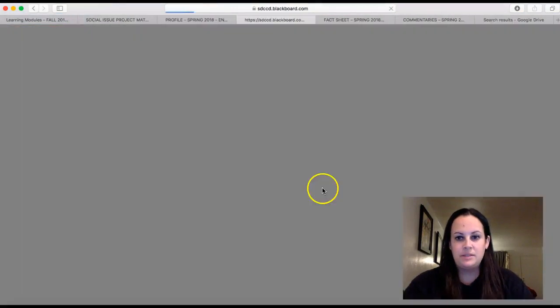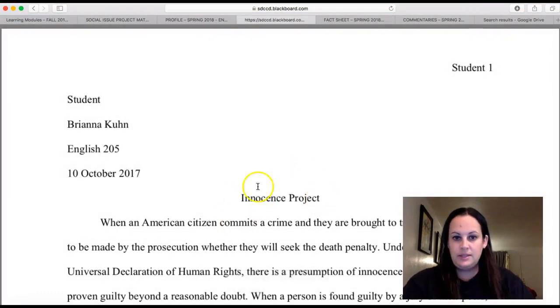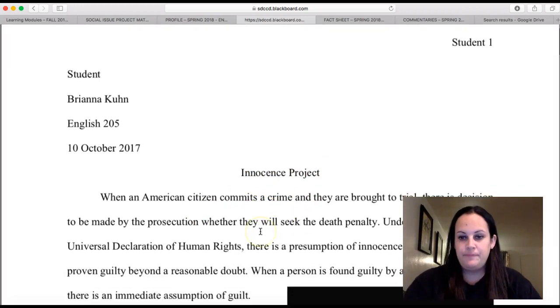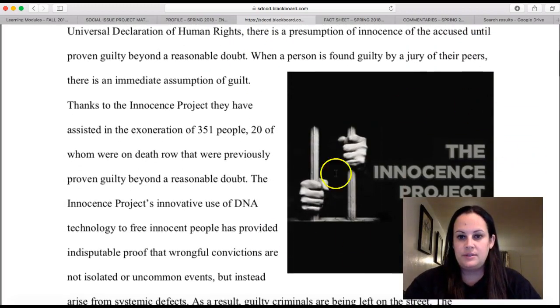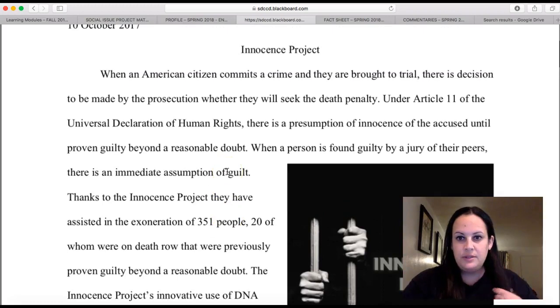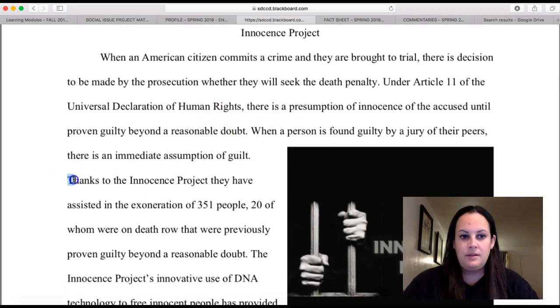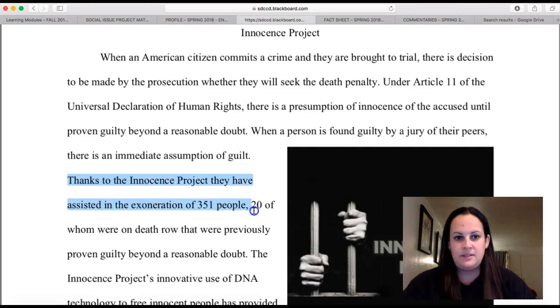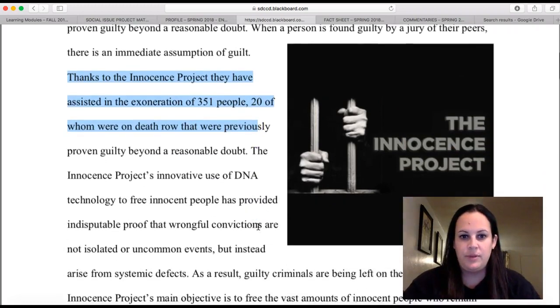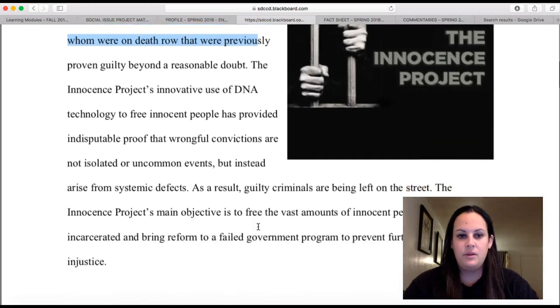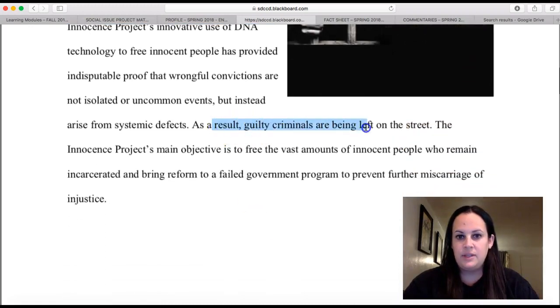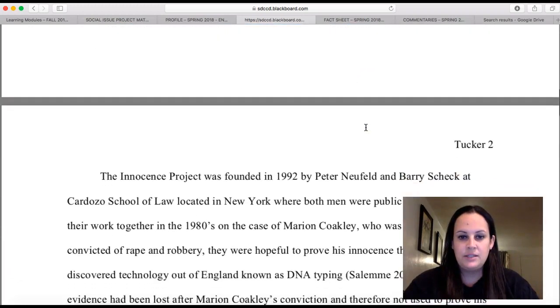Okay, here's the death penalty. See the title here, Innocence Project. This is a visual that she chose to use. So everything in this paper is going to talk about the Innocence Project. Thanks to the Innocence Project, they have assisted in the exoneration of 351 people, 20 of whom are on death row, right? As a result, guilty criminals are being left on the street.